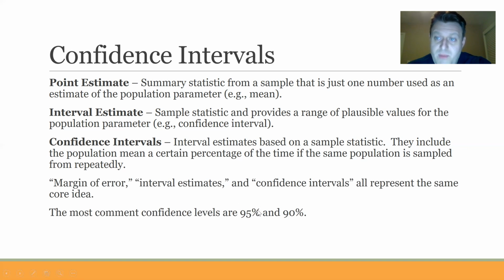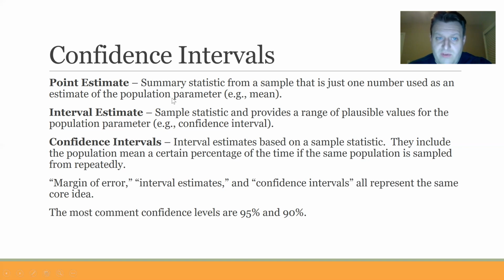This is the one that is most common. Okay, why is it most common? Because there's a 5% situation in which we do not include the true population mean. And so that is very similar to our type 1 error rate. So that's why people enjoy this confidence interval. And we have our 90% confidence interval.